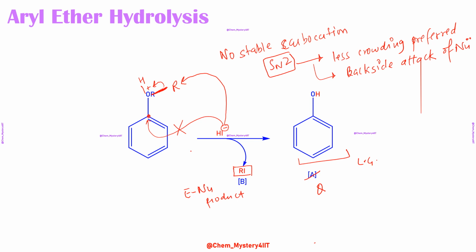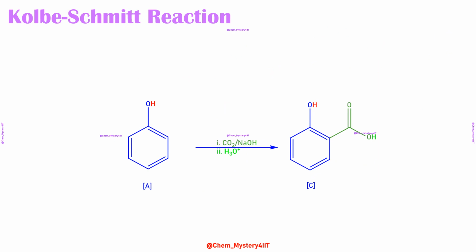Moving on, we have got the next step, which was the Kolbe-Schmitt reaction. In this Kolbe-Schmitt reaction, we are having step number 1, this one, which is considered to be an EAS reaction of PhO minus on electrophilic carbon dioxide.